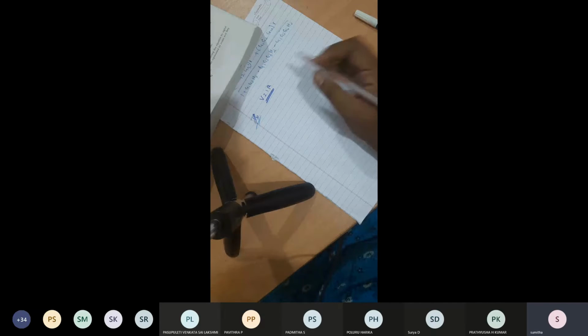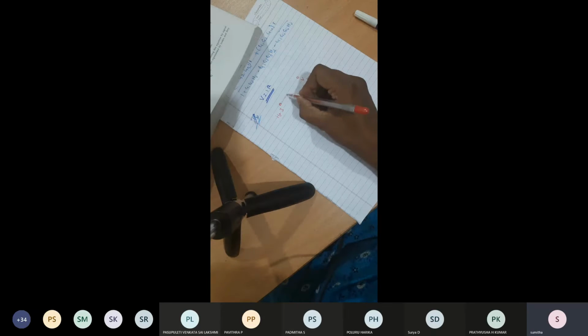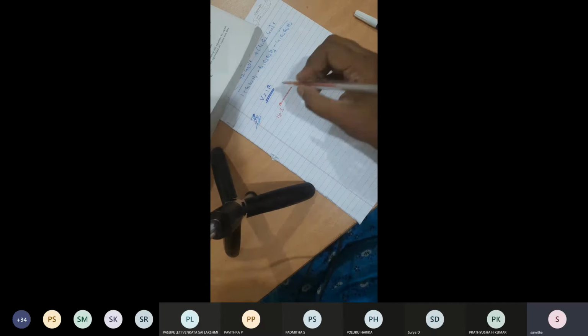Based upon the number of terminals present here, we have to write the nodes. Here, I'm going to write the first node for the current. Second node, I'm going to write for the voltage. That means this is the input, this is the output. In between this, I have to connect it using a straight line. Then, what is my expression?